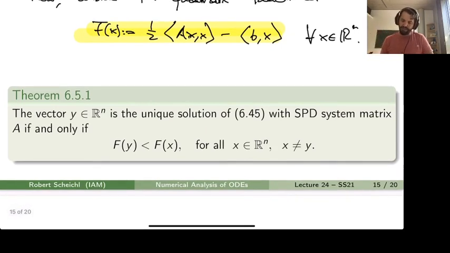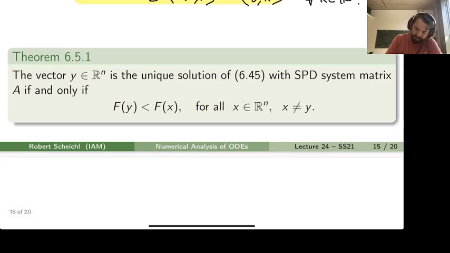So y is the unique solution of 645 with SPD system matrix A if and only if f of y is strictly less than f of x for all x not equal to y. This is a fairly straightforward result, so let's prove it.